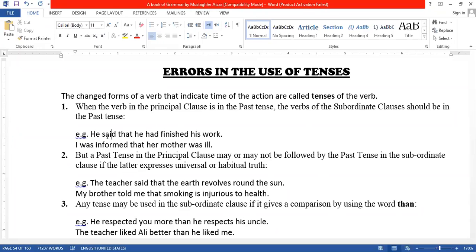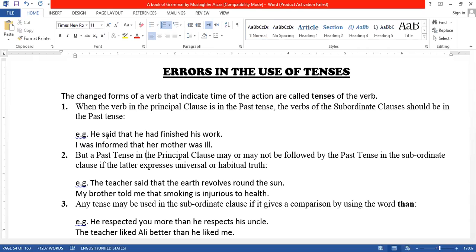"Said" belongs to past, and this one also belongs to past, according to the general rule. Look at the following example: I was informed, past, that her mother was ill, past. I can't write here "is ill". Why? Because I have already written the past tense.